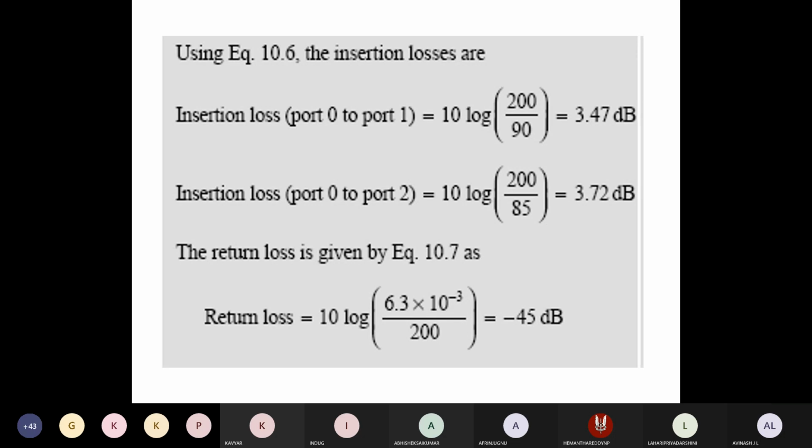So yes, right away they have given the values. What you need to do is write the formula, and after that, replace the formula with the values, and then you can solve it.